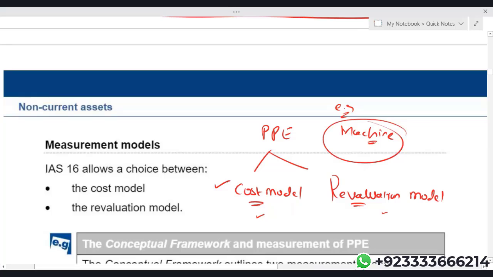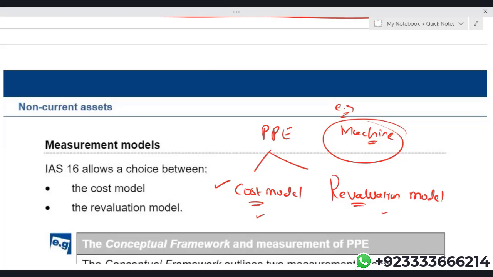But when it comes to land and building, obviously due to changes in market circumstances, the value changes. So the framework says it is more logical to keep that land and building at the revaluation model. But the conceptual framework has just given you the idea.